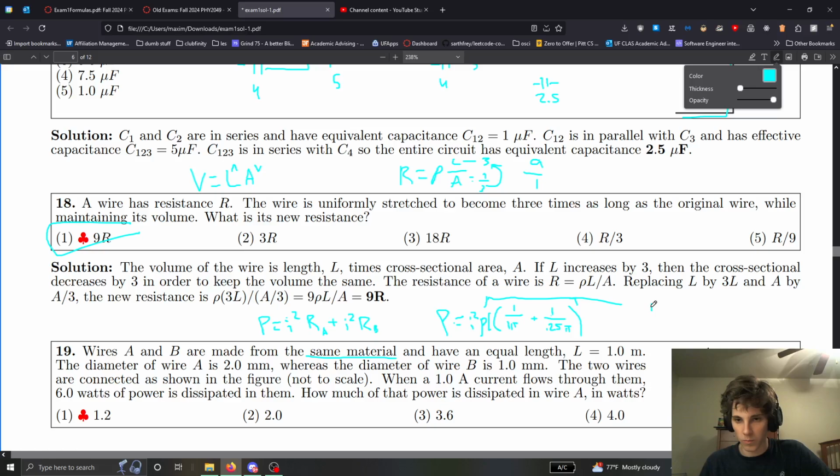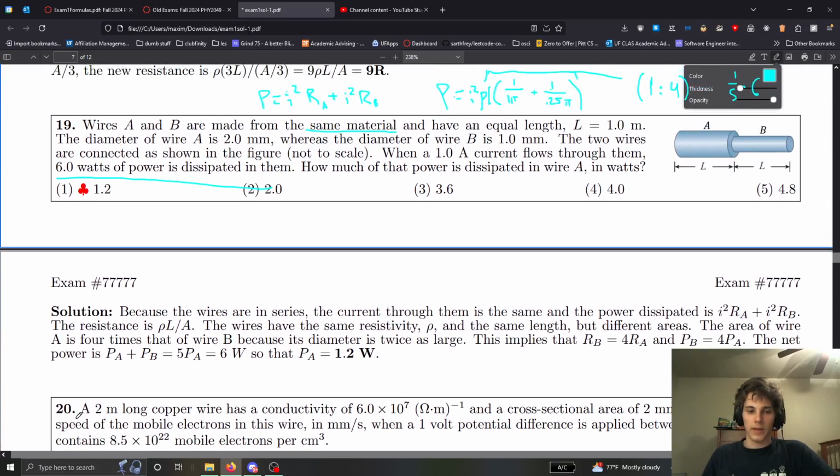One of them is 1, and one of them is like 4. So B is 4 and A is 1. So for every watt of power that A dissipates, B will dissipate 4. So if 6 are made total, then 1/5 times 6 is how much A will dissipate. It's 1.2. Okay, final question.